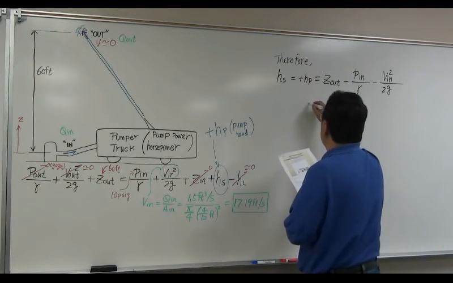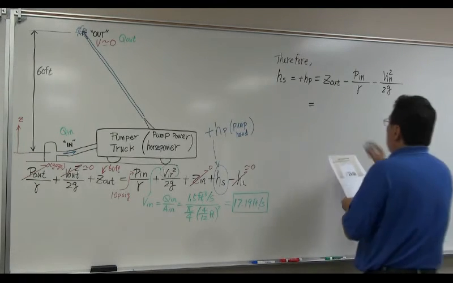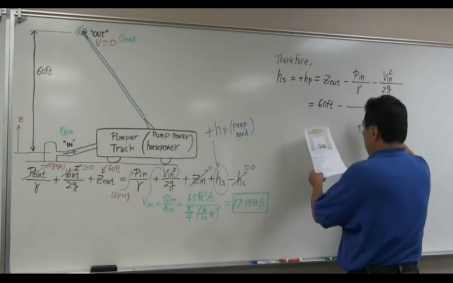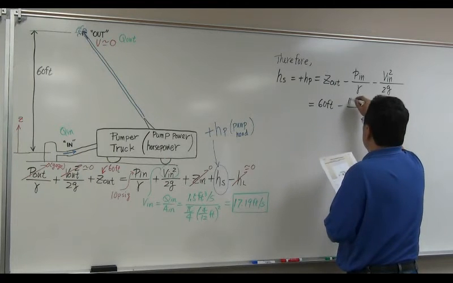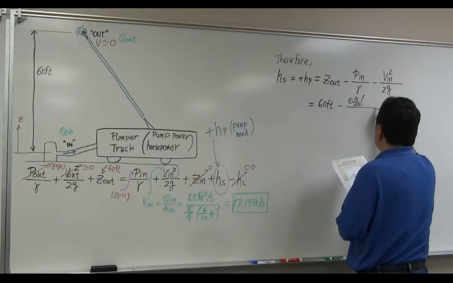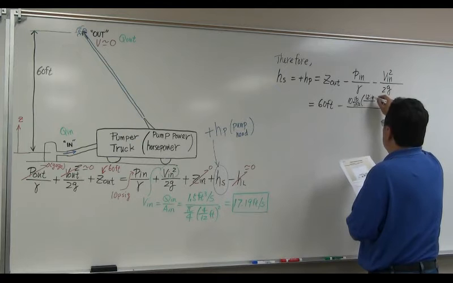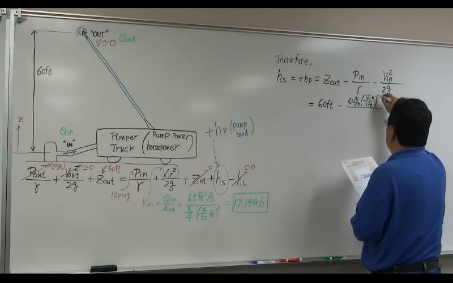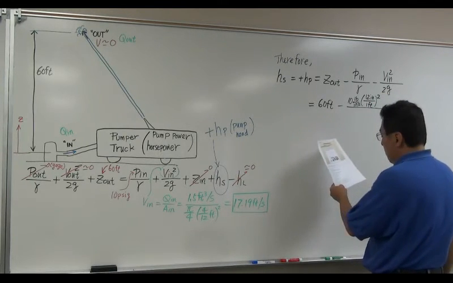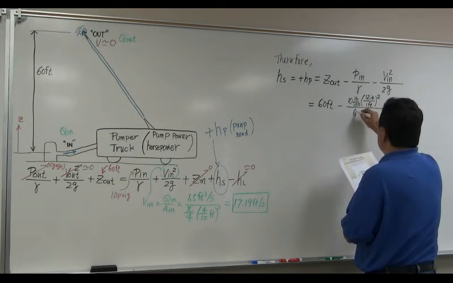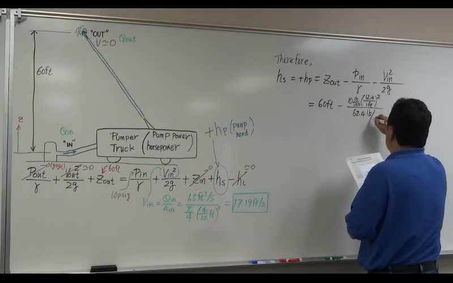Let's just plug in. 60 feet minus P in, which is 10 pounds per square inch. Let's just convert it to pounds per square foot: times 12 inch over 1 foot, squared. So this is going to make 1,440 psf. Gamma of water is 62.4 pounds per cubic foot.